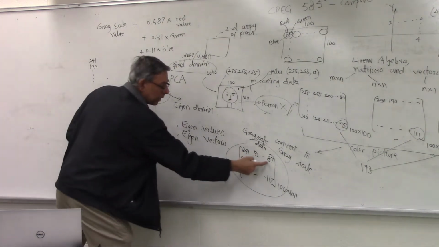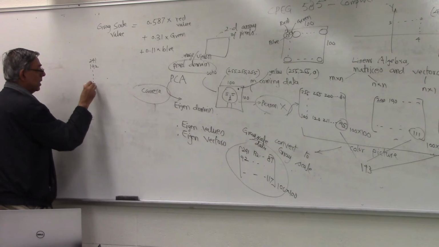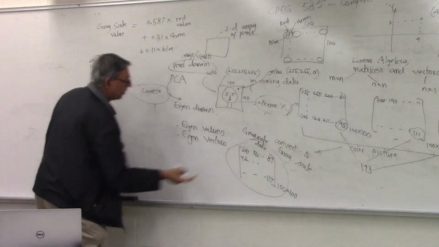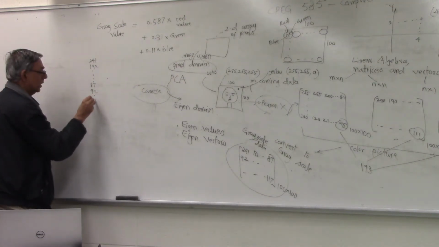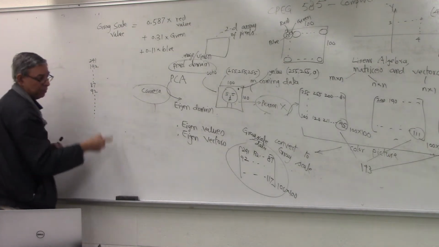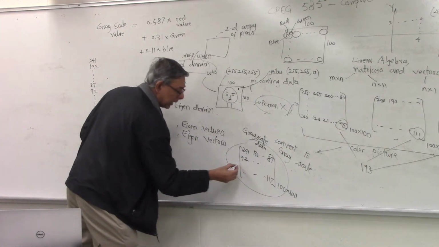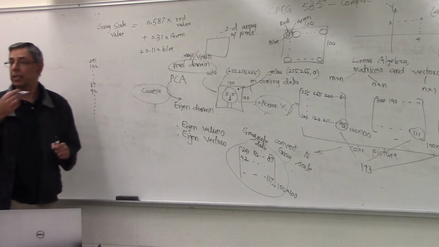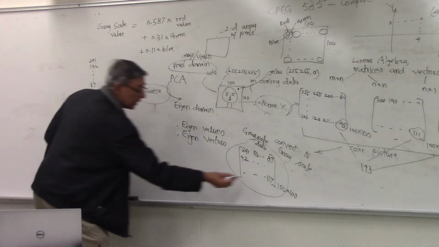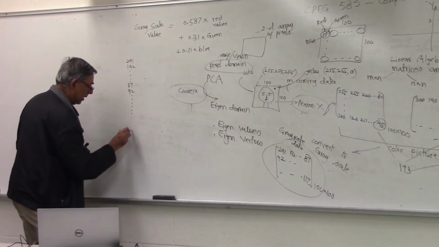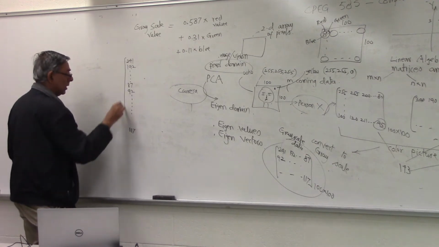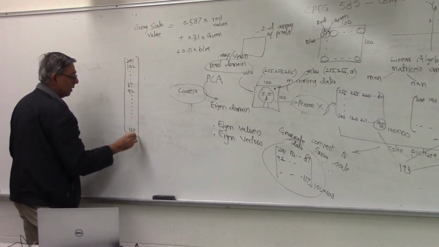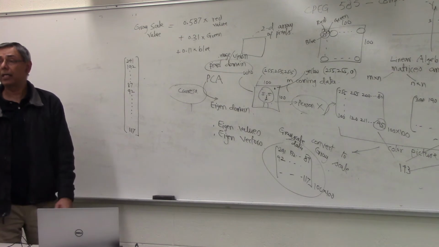The last number in the first row is 87. Then I go to the second row, 92, and so on. I keep putting all the data in the second row, all the data in the third row, all the data in the 100th row, and then whatever the last element is. And I assemble all of this data into a single vector.